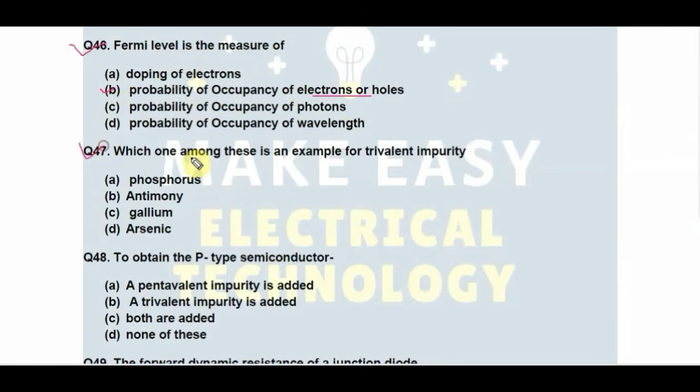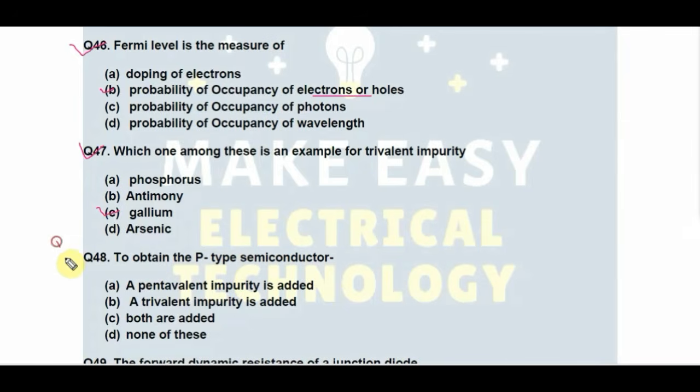Next question, which one among these is an example of trivalent impurity? Gallium is the trivalent impurity, and also boron and indium are trivalent impurities. Antimony, arsenic and phosphorus are the pentavalent impurities, and silicon and germanium are tetravalent.